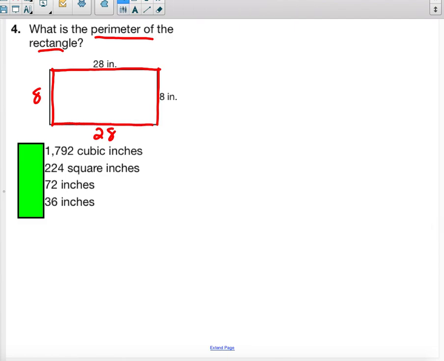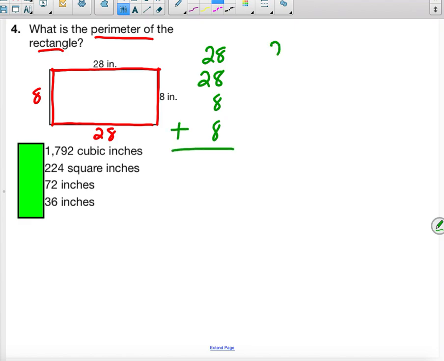There's a couple of ways you could do this. You could simply add 28 plus 28 plus 8 plus 8. Or you could take 28 times 2 and then 8 times 2 and then add those two amounts together.